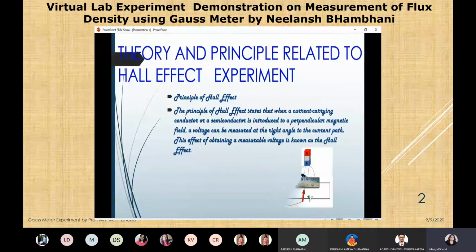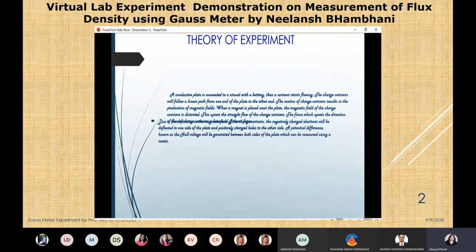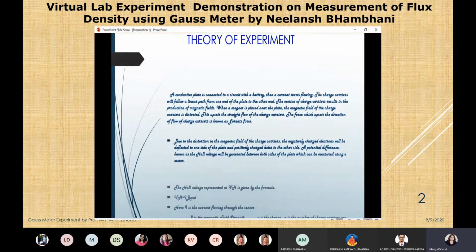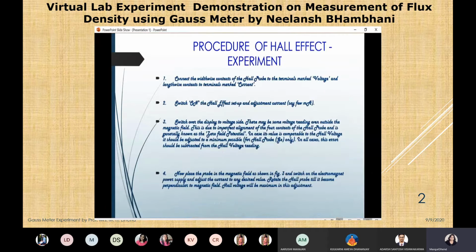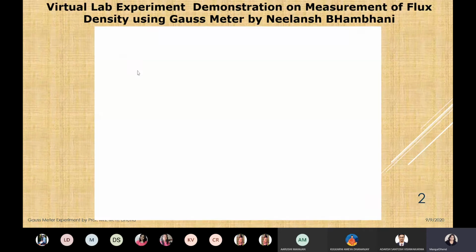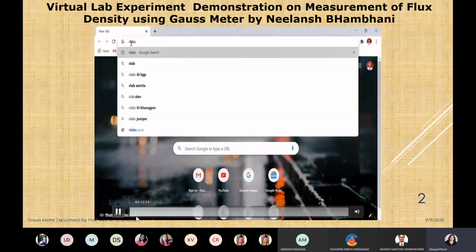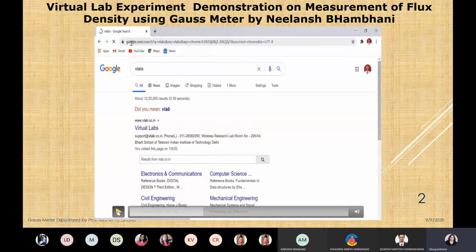The theory related to this experiment is... Now this is the procedure of the Hall effect experiment. Now we shall search virtual lab on Google. First type virtual lab on Google. Students, side by side you do, just see whether you can operate it or any problem is there, then we'll discuss theory first and then you will take readings.